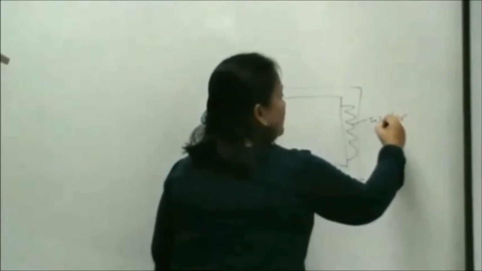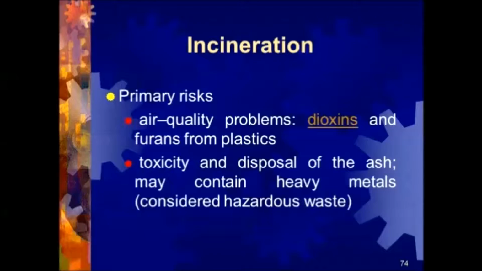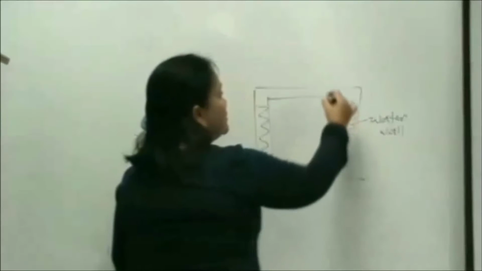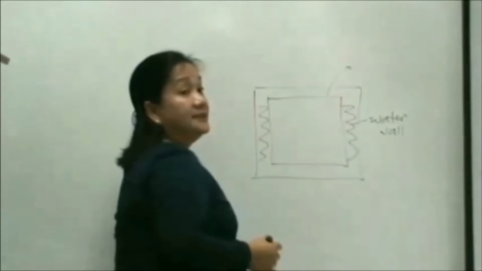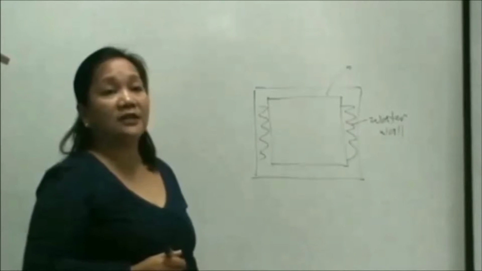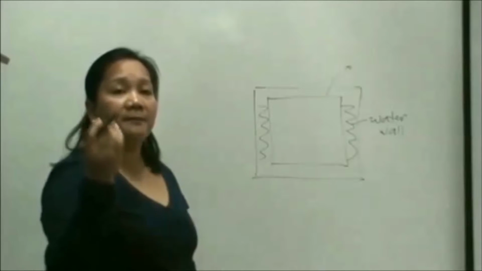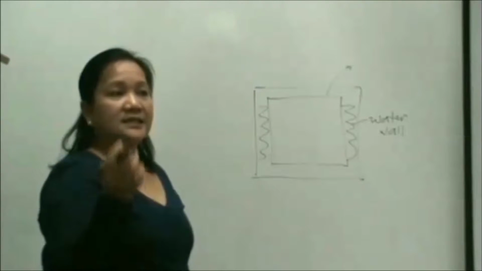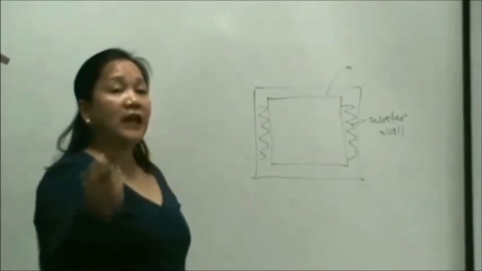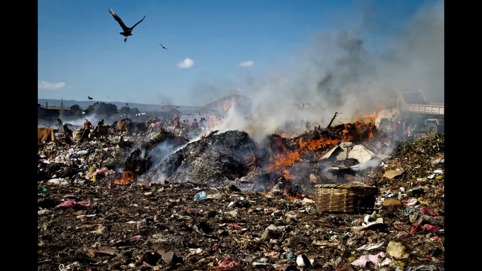So what's the purpose of the water wall, class? As you have learned when we discussed volatile organic compounds such as dioxins and furans, when you burn a plastic, these are the persistent organic pollutants that will be produced.